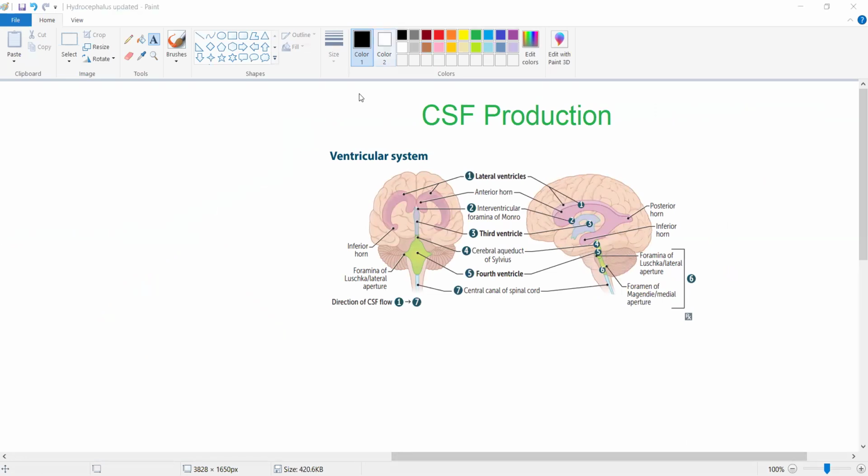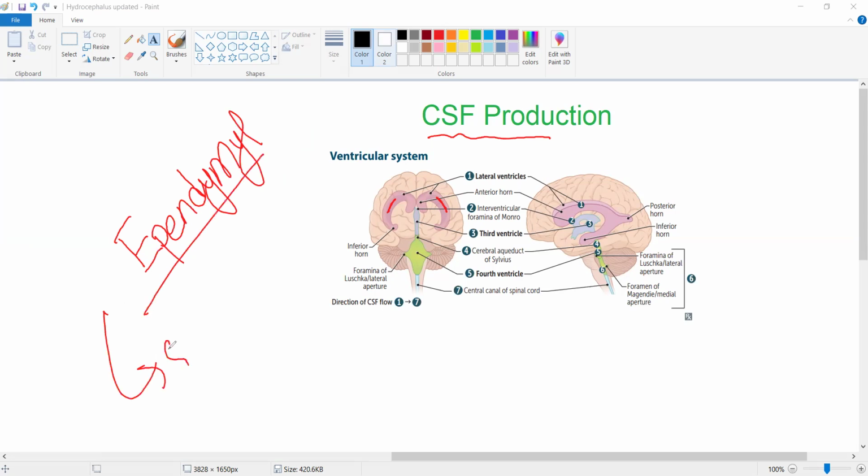In this picture, you see the lateral ventricles, which I'm highlighting in red. The production of CSF takes place by which cells? Ependymal cells, right? Ependymal cells are epithelial cells, and they are simple columnar ciliated.